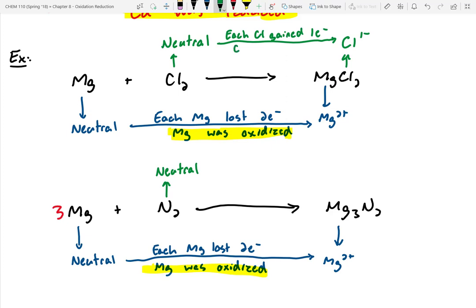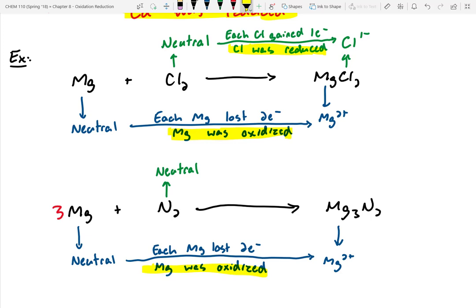That means that chlorine was reduced. So I'll highlight this. And if we're counting the number of electrons going in each direction, we had 1 magnesium losing 2 electrons, but we had 2 chlorines, each of which were gaining 1 electron. So the net movement of electrons balances out.